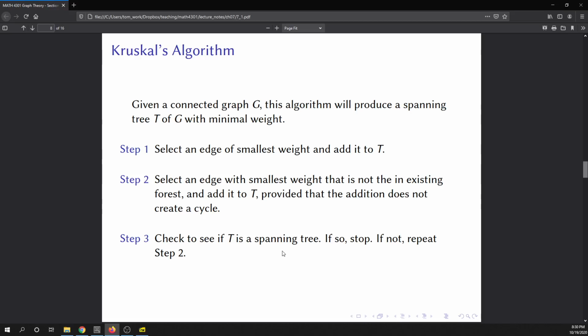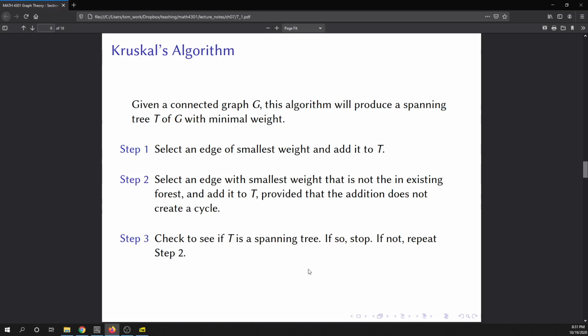Okay. So this is an example of what's called a greedy algorithm. You just try and take the smallest you can and hope that it works out. And in this case, it does work out. We will prove part of the fact that it works out, and the other part we will not prove in this video. It's a little technical.